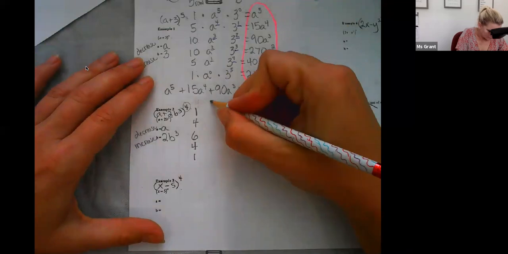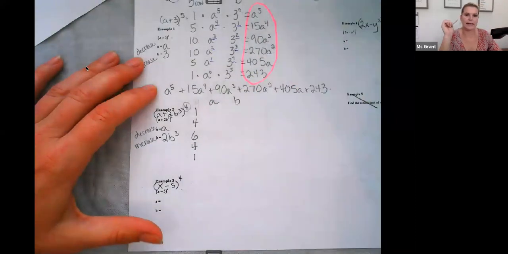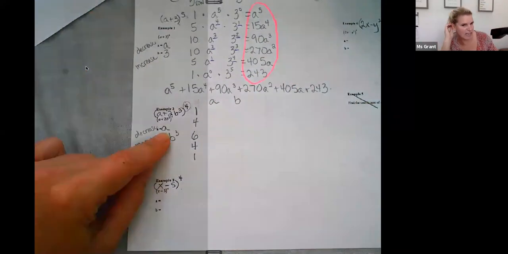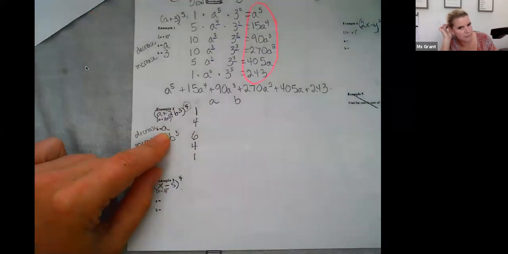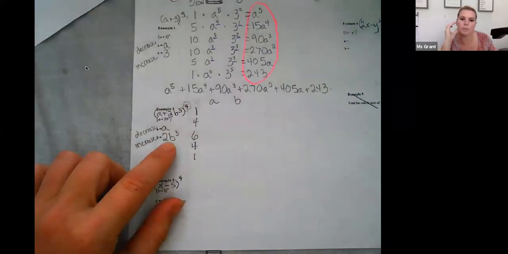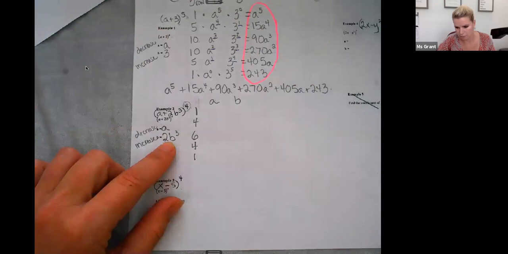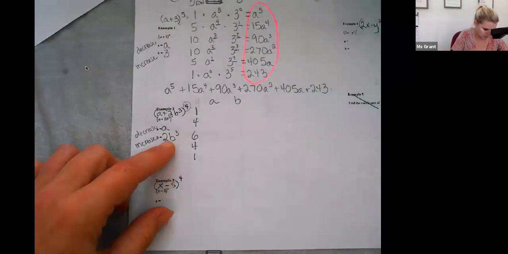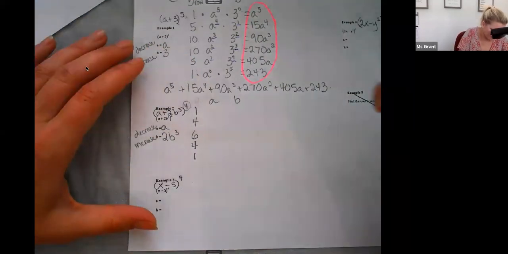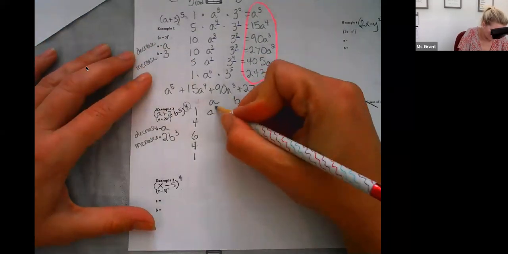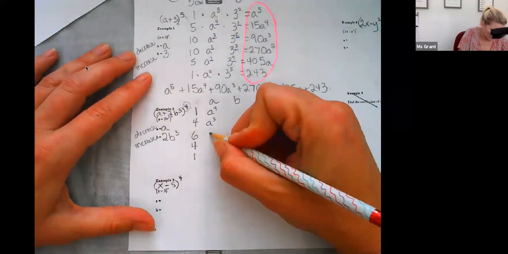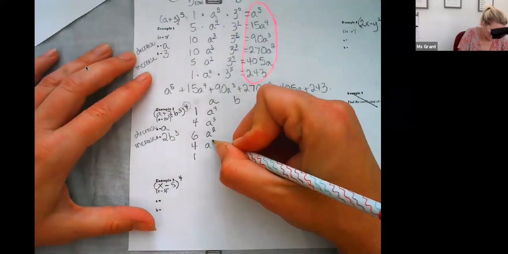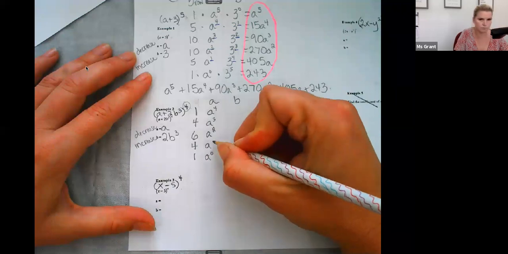My A and then my B. My A is actually just A. That's the exponent. My B is 2b to the third. I have to be careful with this 2b to the third one, really careful. Okay, so I'm going to write underneath, a to the fourth, a to the third, a squared, a to the first, a to the 0.